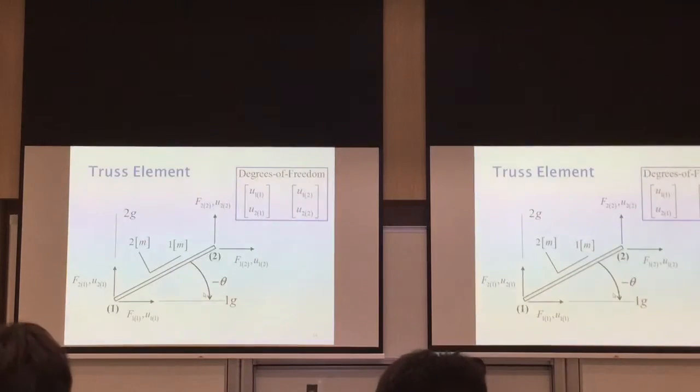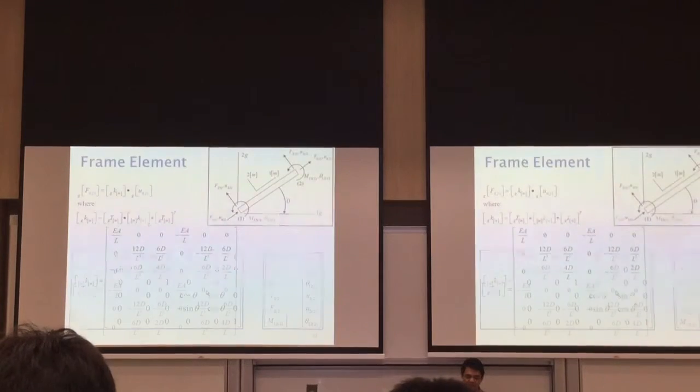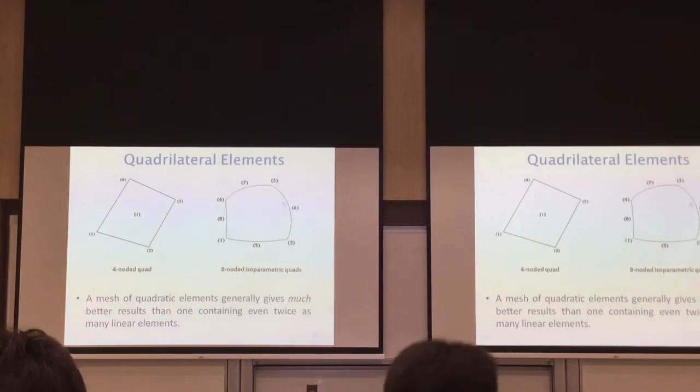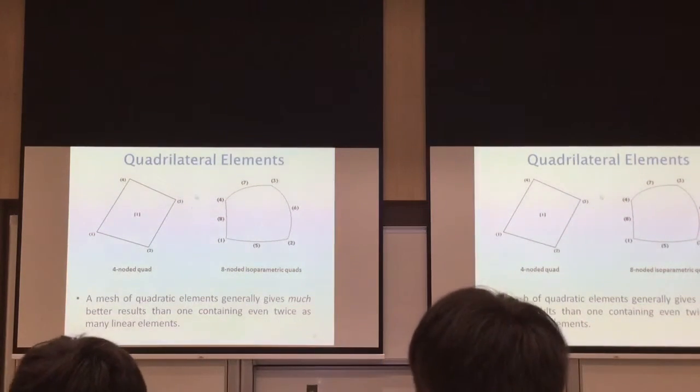Yes, so we've done this one already, cross elements. I hope you're ready now with the 2D elements. So you have now your quadratic element as well as your linear element.